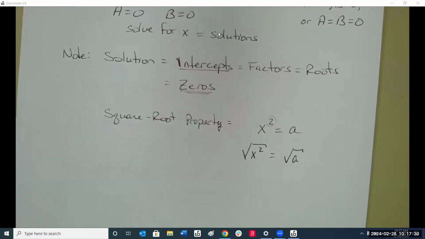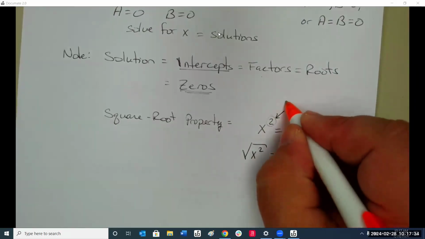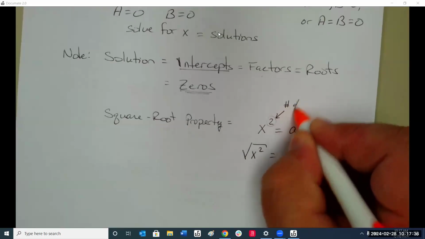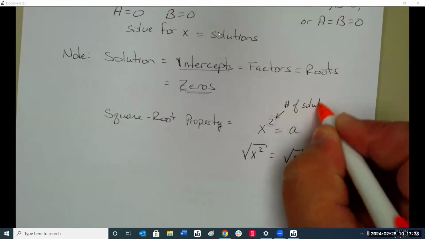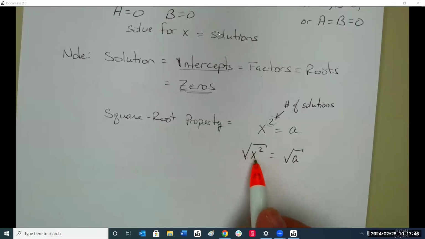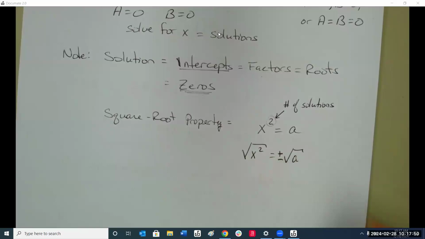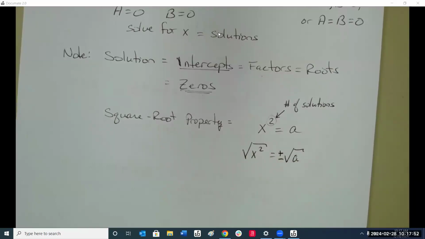But remember, the root, the exponent tells us our number of solutions. So whenever you take the square root of x squared, you have to put a plus and a minus in front of the answer. Let's see why.